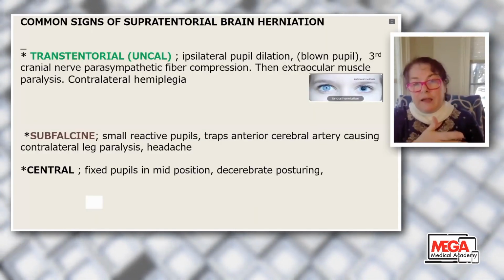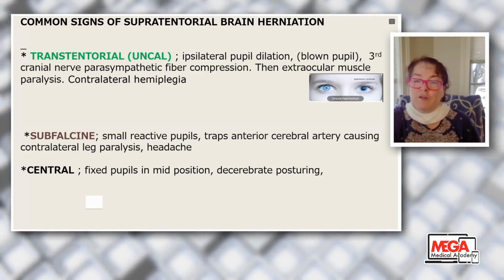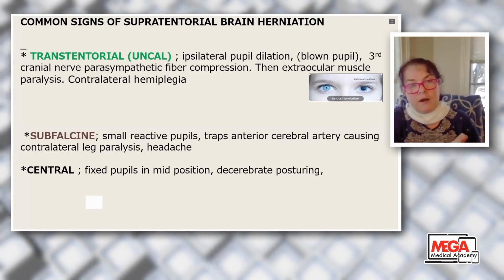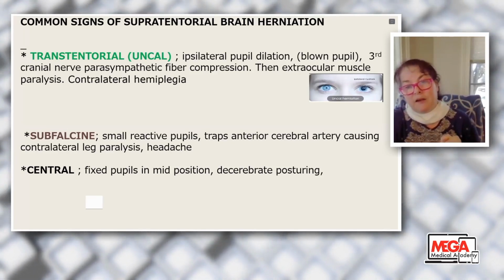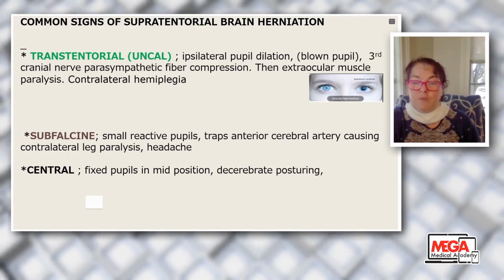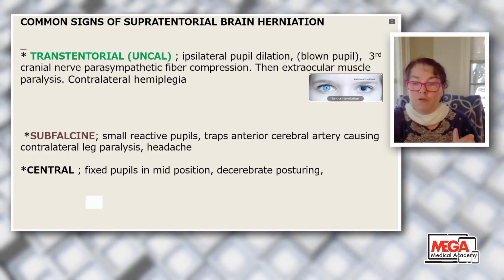So what would you see? For the uncal transtentorial herniation, the most common, or probably the first sign, is unilateral pupil dilation, which we call a blown pupil. That's because there's pressure on the parasympathetic nerve fibers of the third cranial nerve.